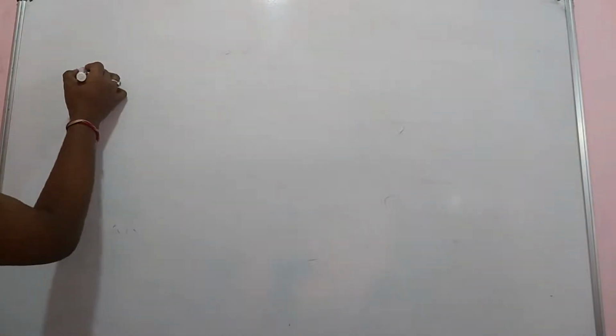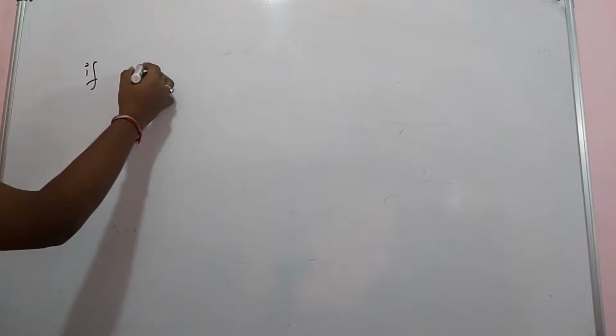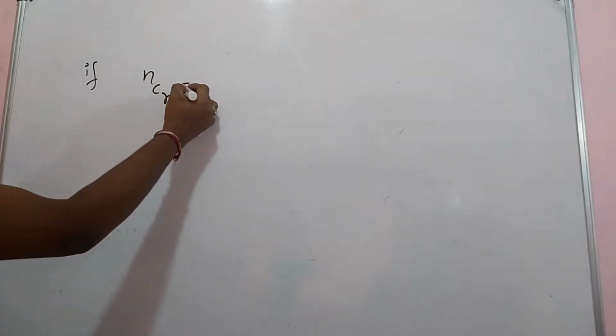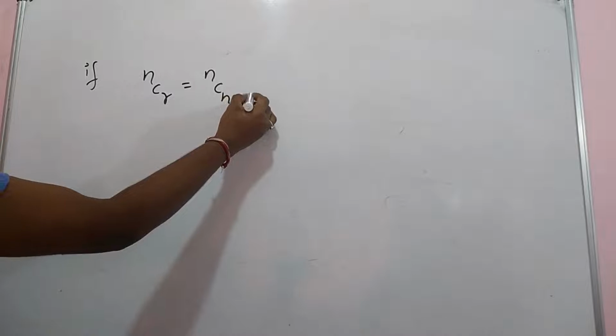This is the binomial theorem. There may be some disturbance, as the connection keeps disconnecting and connecting, but okay. One more thing, these are formulas I told you: nCr is equal to nC(n minus r).